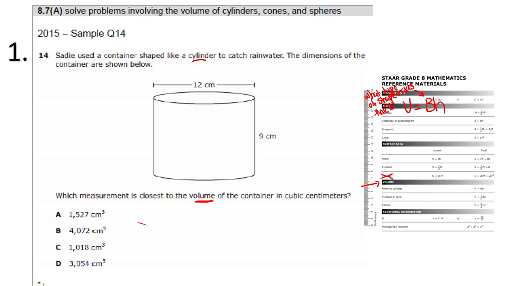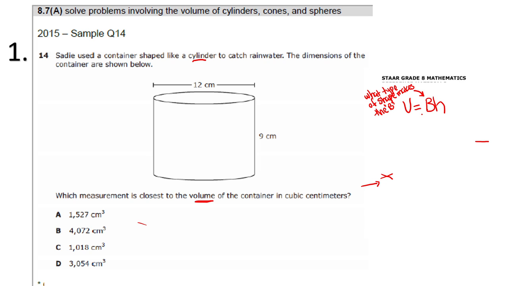A circle uses the equation pi r squared. So instead of B, I need to rewrite this formula with pi r squared. That is my B, and I still have my H. So our new volume formula is basically this.